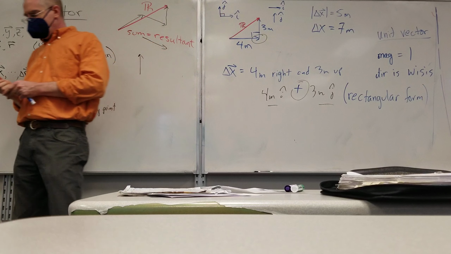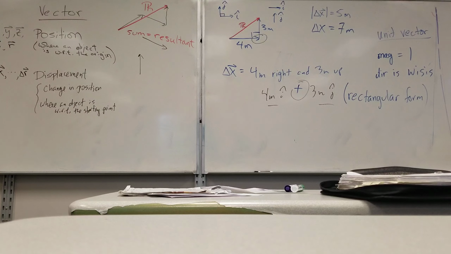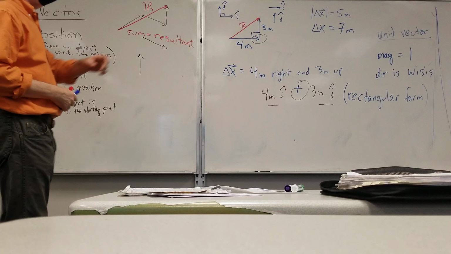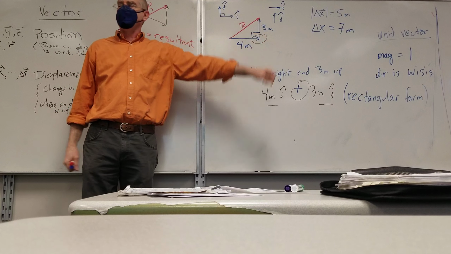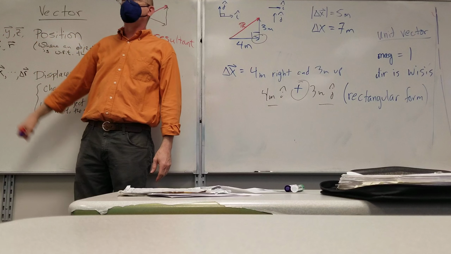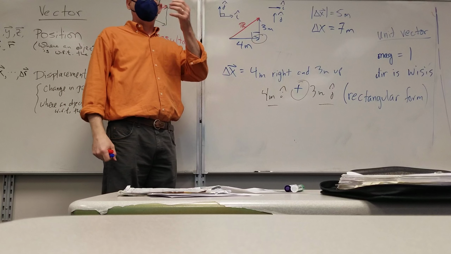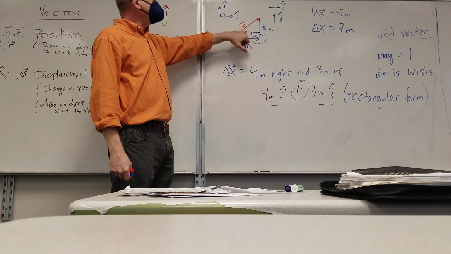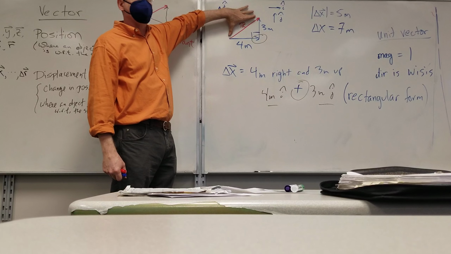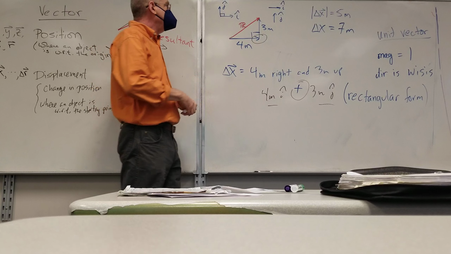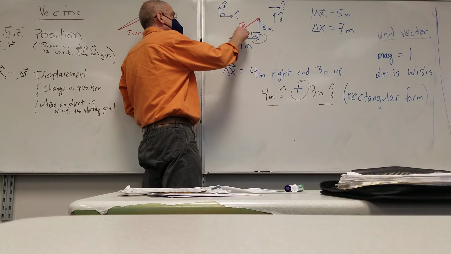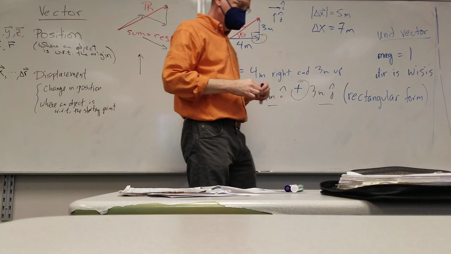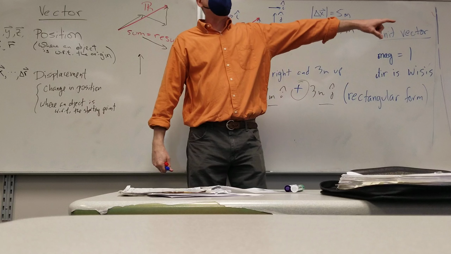Now with I hat, J hat, I get to decide what the direction of I hat and J hat are. It is understood if that direction is I hat, that way is negative I hat. So I don't have to say which the negative direction is, it's just opposite. But if I'm doing this right here, I have a magnitude, whatever, 5 meters, but that direction, it's some angle. 0 degrees is that way.